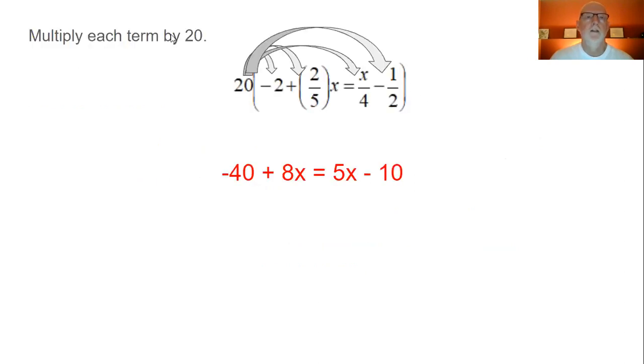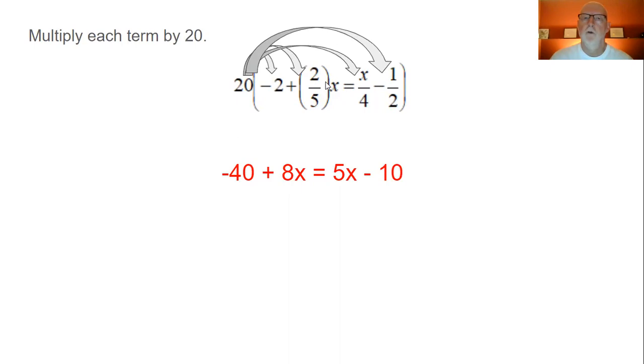So now we'll multiply the 20 by each of the terms. So I've got the arrows going to each term in the expression. I put brackets around the complete equation, and I'm multiplying by 20. So 20 times -2 straight off the bat is -40. So here's where I'm going to go. 20 divided by 5 is 4.